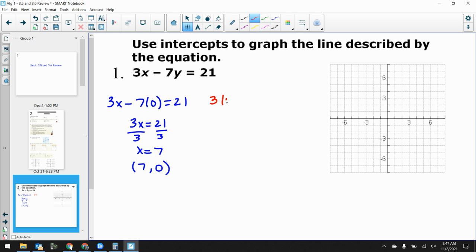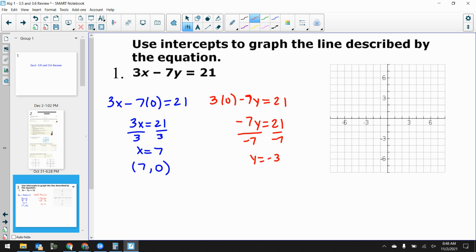I say 3 times 0 minus 7y is equal to 21. But that 3 times 0 can go away, just leaving us negative 7y is equal to 21. I divide by negative 7. Y is negative 3.